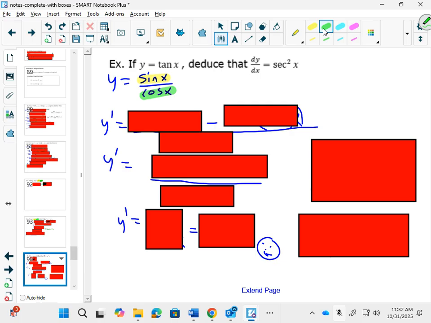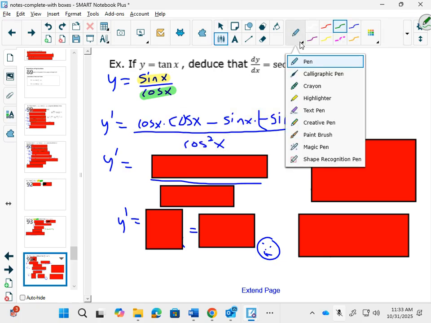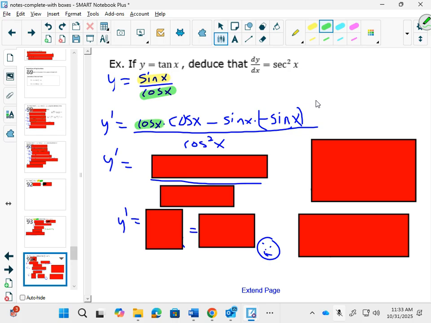If you change tan to sine over cos, then you would have which rule, which shortcut? A quotient rule. You would have to keep which one the same? Keep the bottom the same. I keep the bottom the same times the derivative of the top, which is a new shortcut.